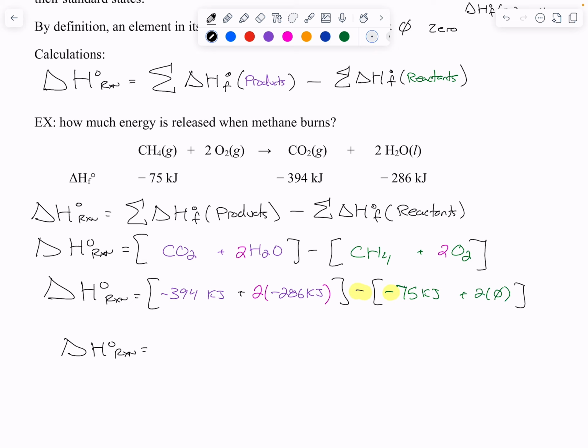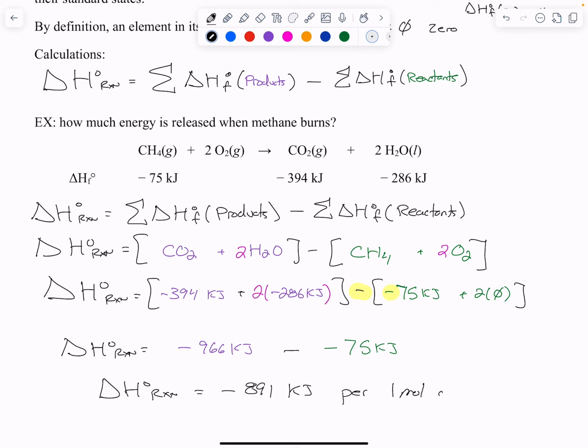But if you need to, you would do negative 394 plus 2 times negative 286, and I get negative 966 kilojoules minus, and then I have negative 75 kilojoules. So overall, delta H of the reaction is equal to negative 891 kilojoules per 1 mole of methane.